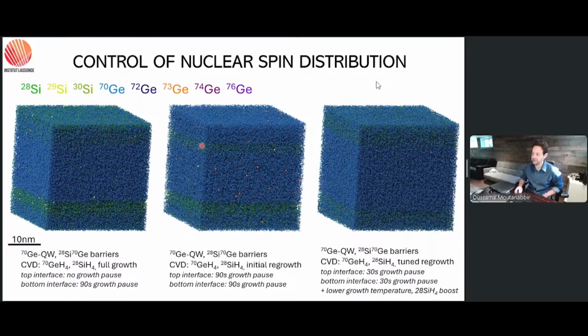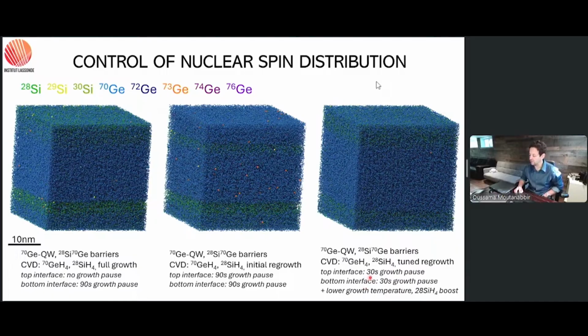If you wait 90 seconds at the bottom interface and the top interface, we saw that there is some germanium-73. So the reactor still has some memory effect or reservoir effect, such that we can still see some nuclear spins. But if we shorten that growth pause to 30 seconds, we achieve a much better structure.